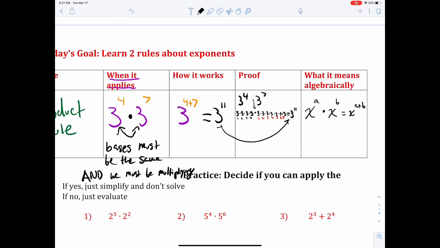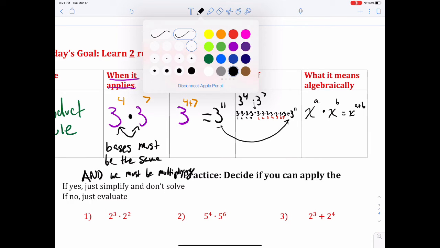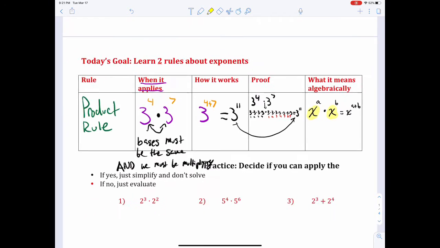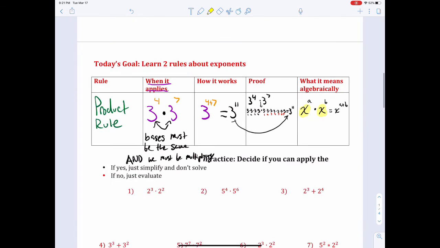So if you have bases which are the same, you can add the exponents. All right. So that's the rule. I would say the most important part is to know this fact, how it works, and when it applies.